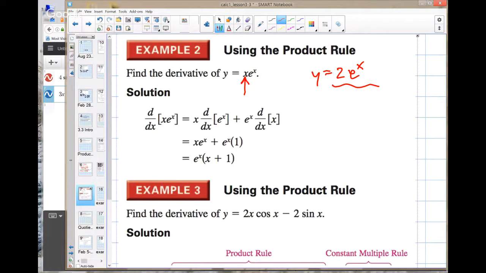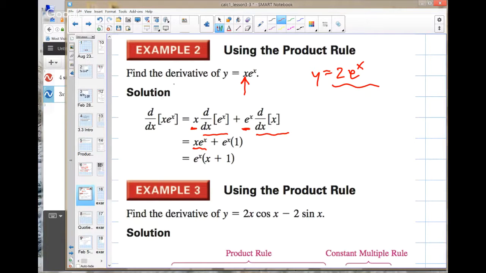So here we go. Let's use the product rule: the first times the derivative of the second, plus the second times the derivative of the first. So it's that same rule. And now we got some easy stuff here because when you go back to the beginning, what's the derivative of e to the x? Of course, it's itself.